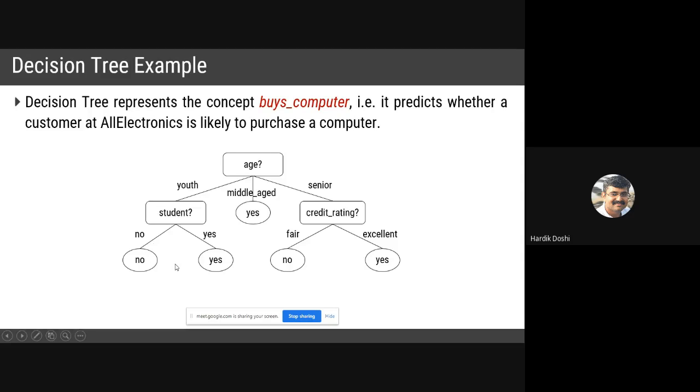That is rule 1 for not buying computer. And rule 2 for not buying computer is if age is senior and credit rating is fair, then also he doesn't buy a computer.